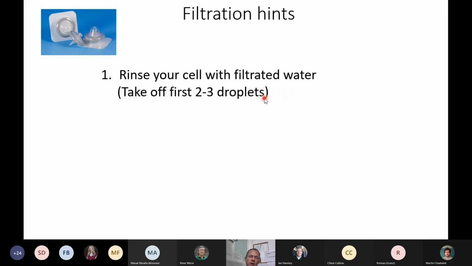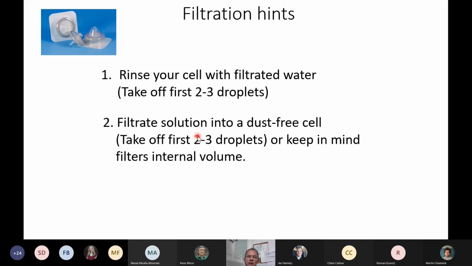Before filtering the real solution, take off the first 2-3 droplets, because dust could be inside of a filter as well. Then, as step number 2, filtrate your solution into a dust-free cell. Again, if you're using another filter, take off the first 3 droplets.